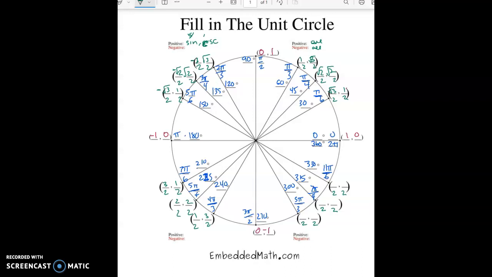Now I'm going to show you, everything is negative here. Tangent is positive and cotangent. Everything else is negative. The x and the y values are negative because when you divide the two together, you're going to get a positive value.